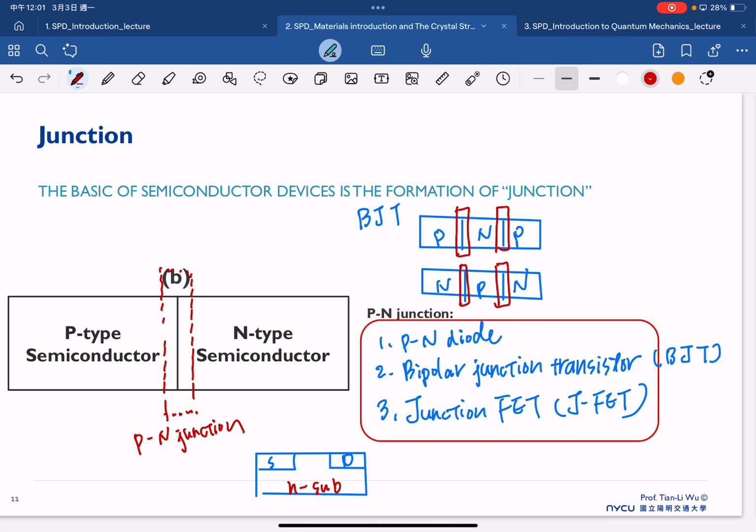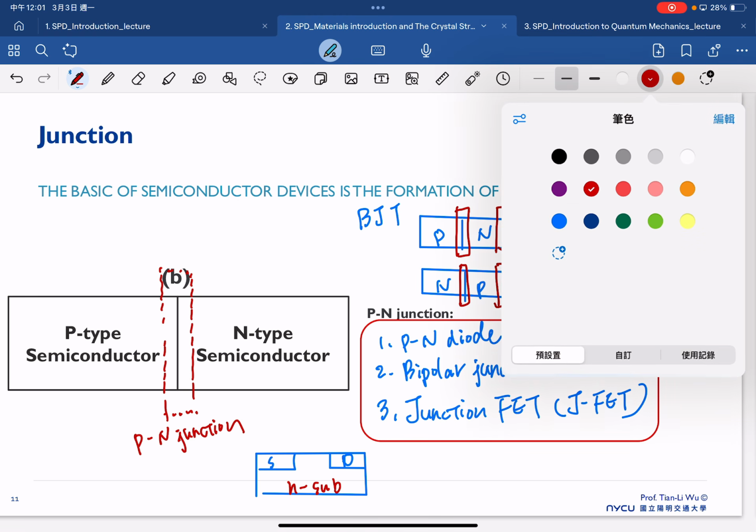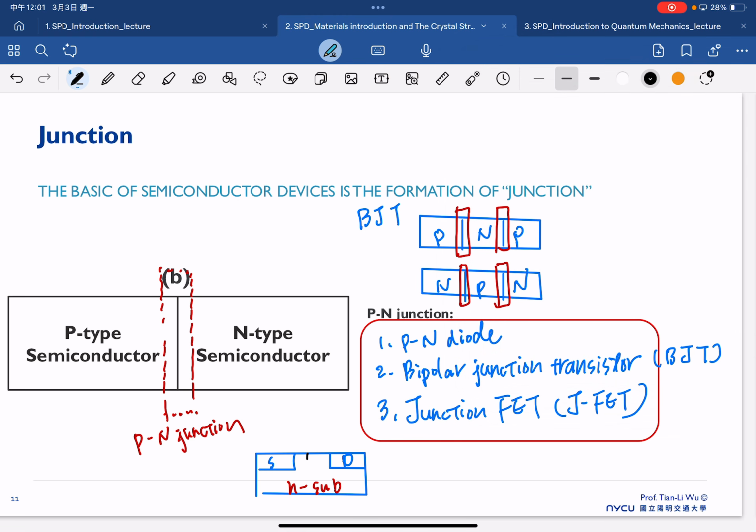And inside the channel region, we have the P doping here. And we apply the bias VG to modulate this p-n junction. So by controlling this p-n junction, we can also turn on and turn off our transistor. And we will talk about the JFET in the last chapter.